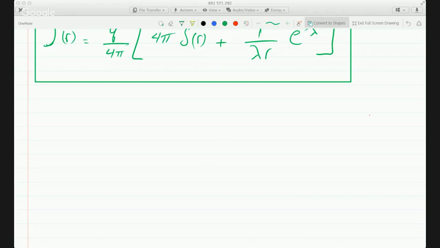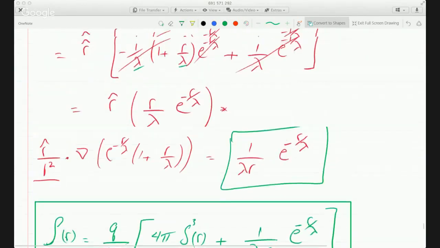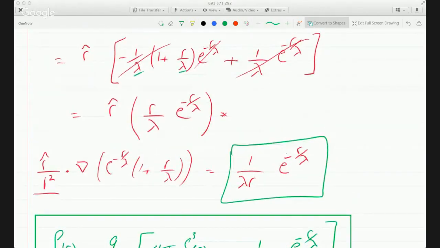Okay, so yeah, there was a mistake here. Let me just correct it really quick. When we multiplied, there is a lambda squared here. So we've got over lambda squared, so this becomes a lambda squared.